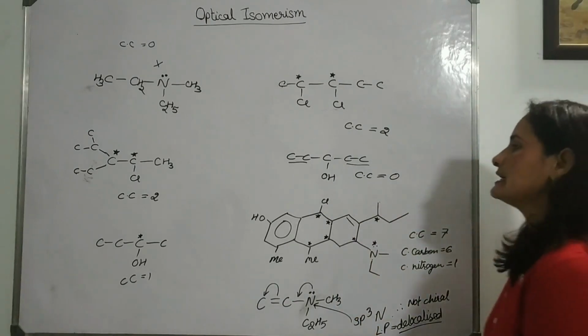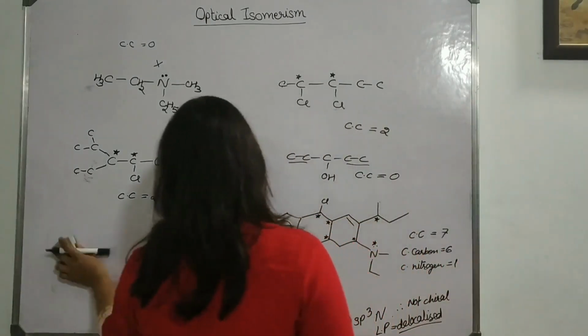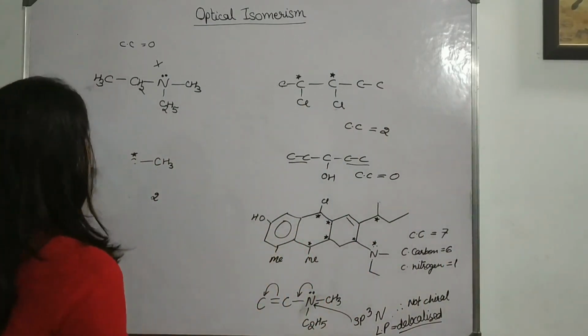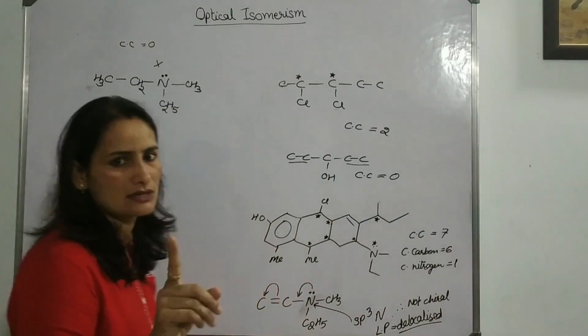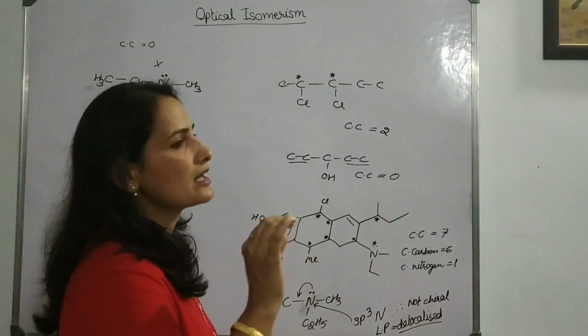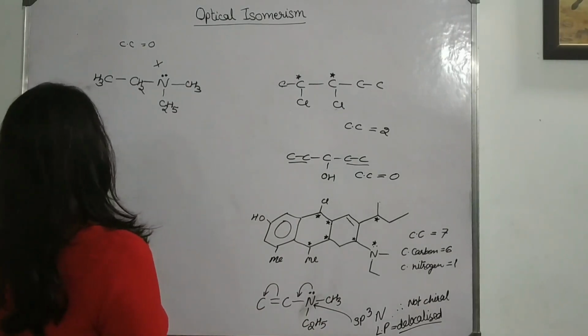Generally, remember this as a rule: experimentally it is found that compounds having one chiral center are always optically active. So we can write it as a rule.